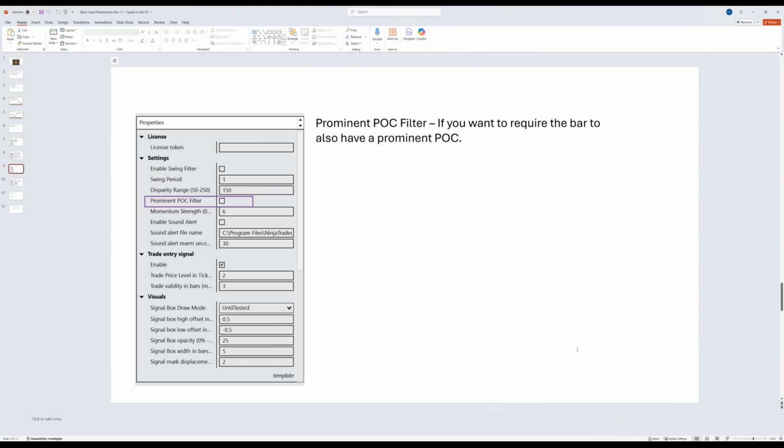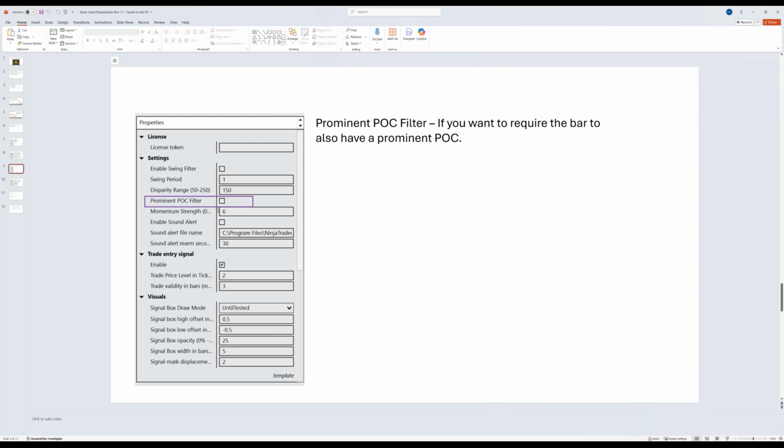Now, one of the other filters is the prominent point of control filter, right? And it's disabled. To enable it, you just click on that box next to it. And what that would mean is the bar would have to have a prominent point of control, right? Prominent point of control is a point of control in the bar that matters. So if it doesn't have a prominent point of control, but it's within the disparity range and say the momentum strength, but you have the prominent point of control filter enabled and there is not a prominent point of control, it won't give the signal, okay?